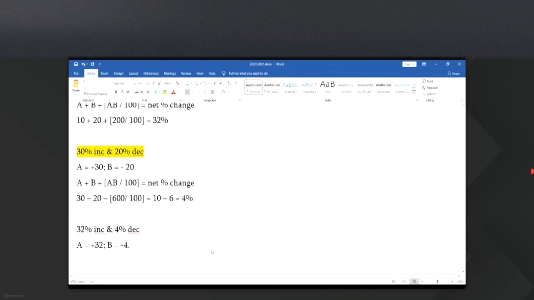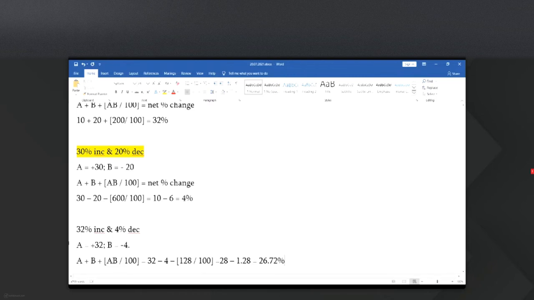You will get A plus B plus AB by 100, right? So this will give me 32 minus 4, and 32 into 4 will give me 128. So 128 divided by 100, you'll get 28 minus 1.28, something like 26.72.